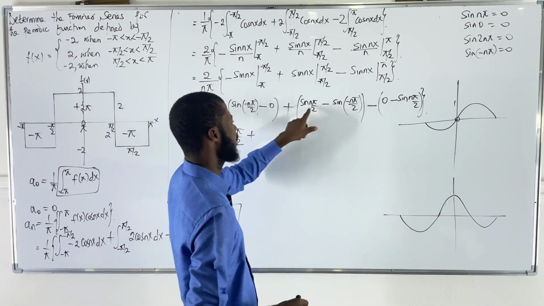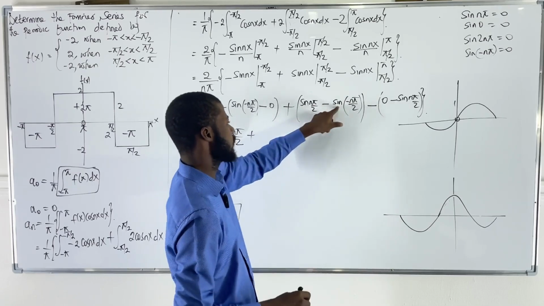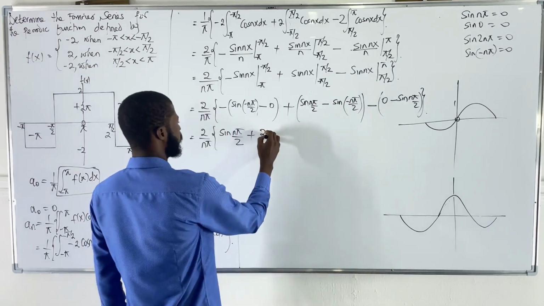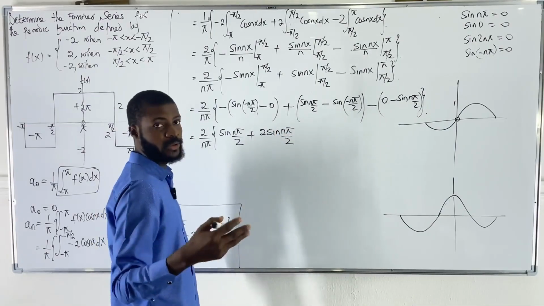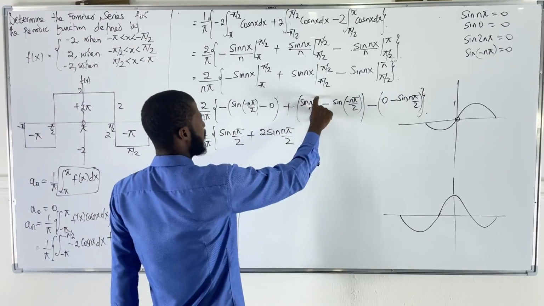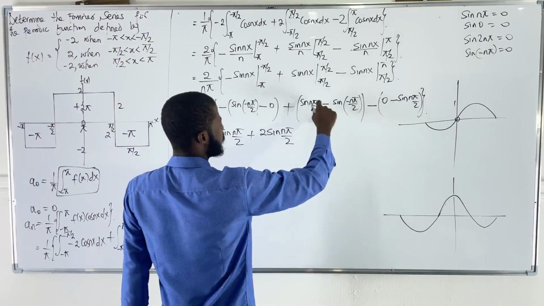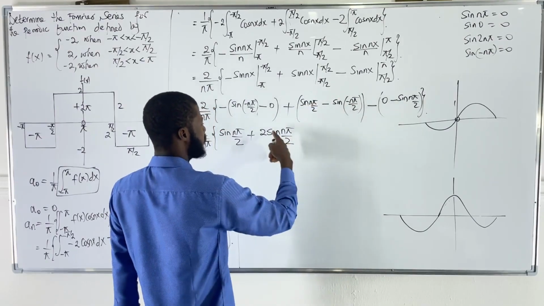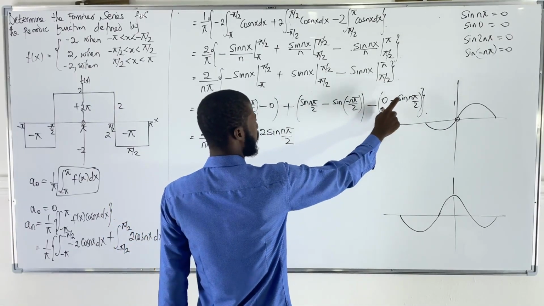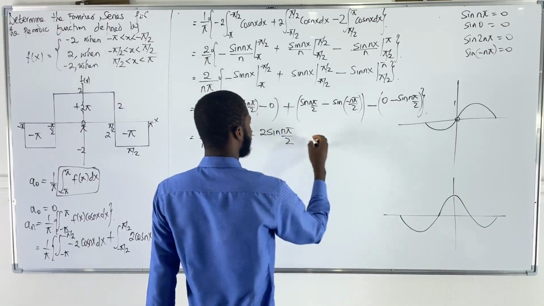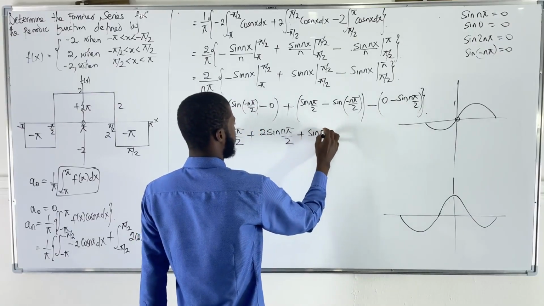So these two things will be exactly the same, adding up themselves. So that will then be double of it. So this is 2 sine n pi over 2. Because sine n pi over 2 plus sine n pi over 2 will add up to give you 2 sine n pi over 2. Now minus will give me plus sine n pi over 2.